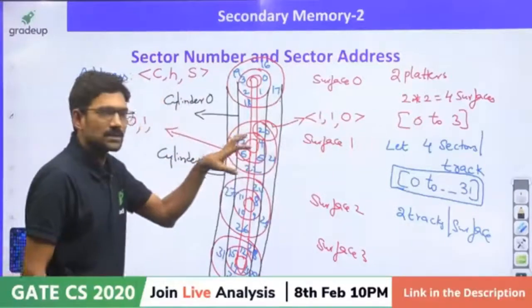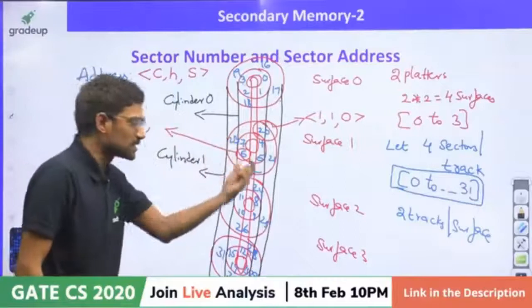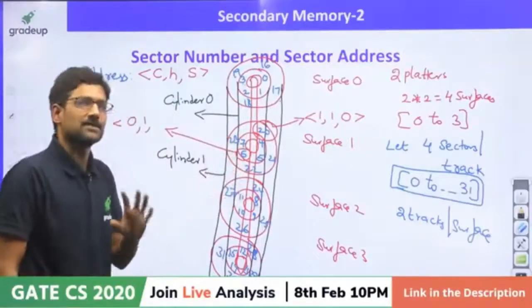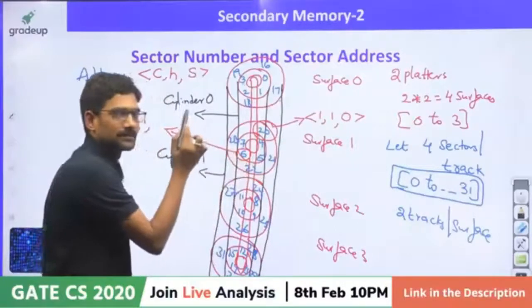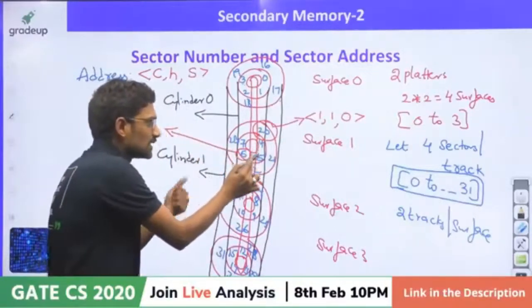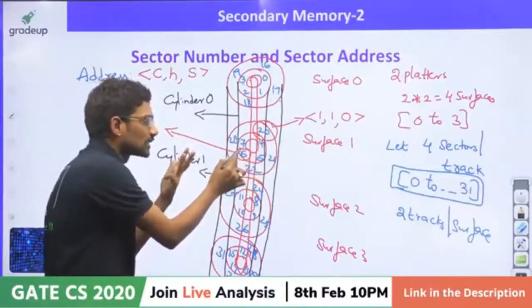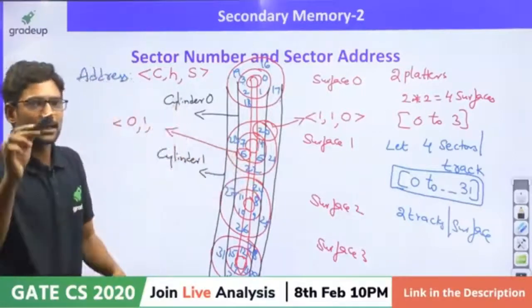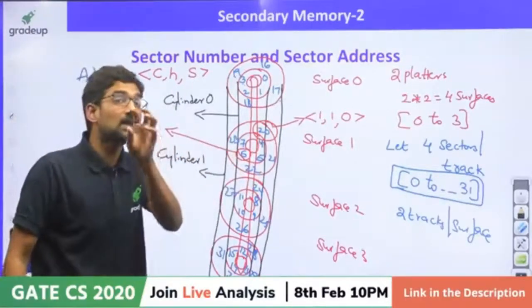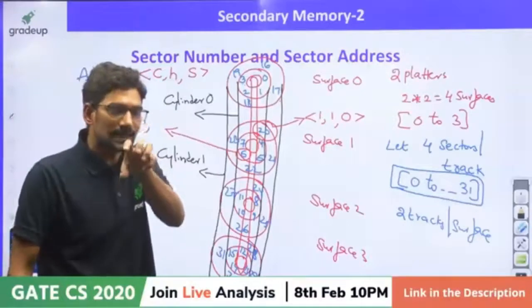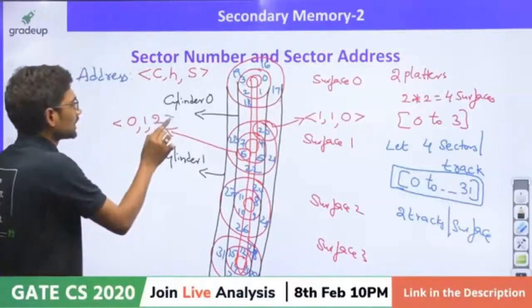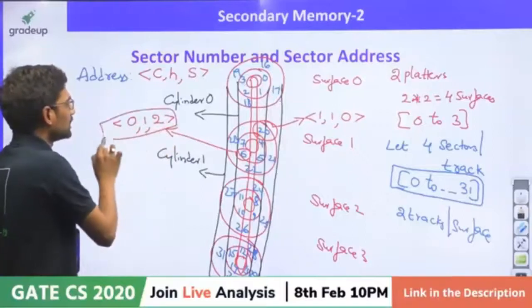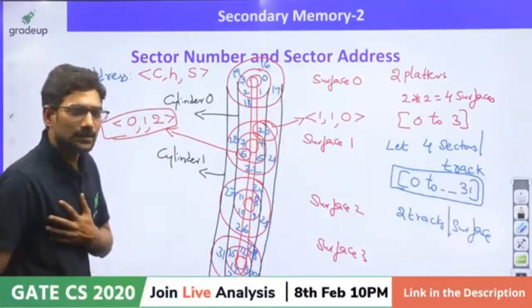And on this cylinder, on this surface, it is which sector? 4, 5, 6, 7. So first one, second one, third one, fourth one. Sector number 6 is the third sector. So third sector means its number would be 2. So what is the CHS for sector number 6?